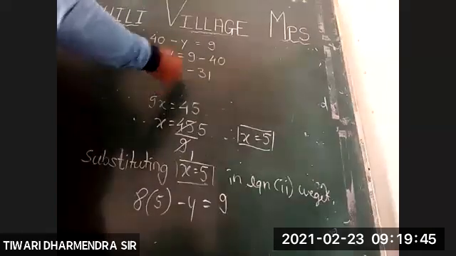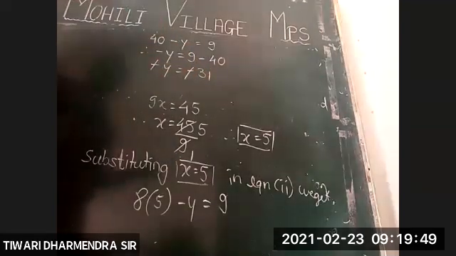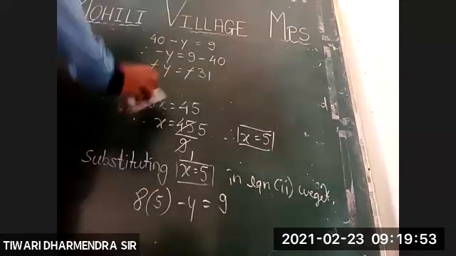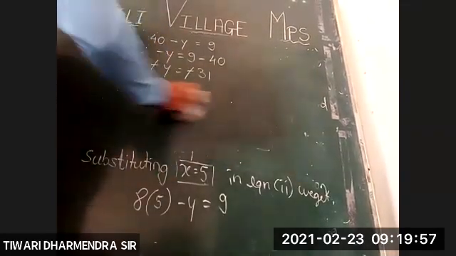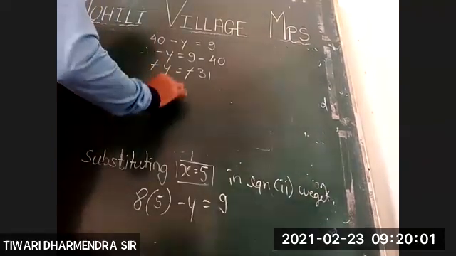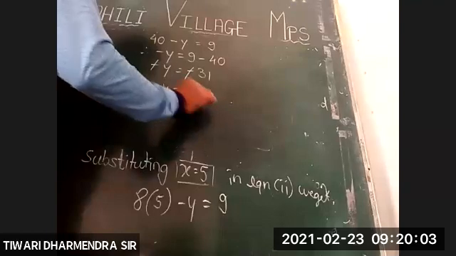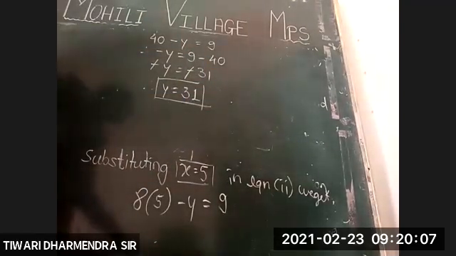So minus y is equal to minus 31. The minus on both sides gets cancelled. What remains? So therefore, y is equal to 31. So this is a solution.